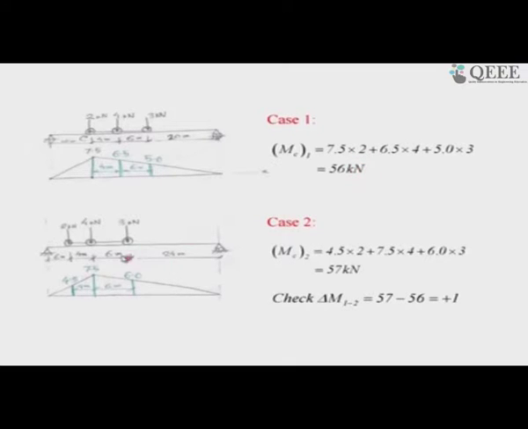Okay. And here in case 2, what should I examine now? I have exhausted here. If I move towards the right, I do not gain anything. It will be only loss, I understand, in terms of positive bending moment. So, now in terms of case 2, let me see if I have a gain.